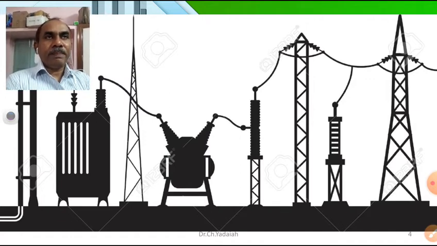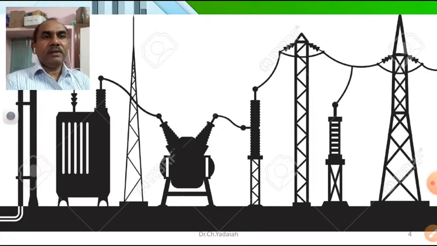At the same time, even if we plan the system in such a manner, sometimes unpredicted faults may occur, like lightning discharge and sudden opening and closing of our breakers.